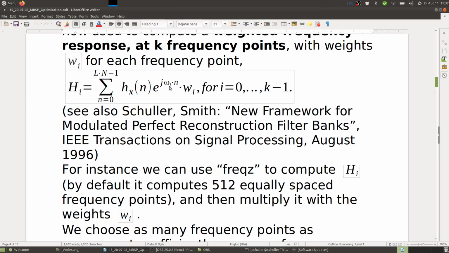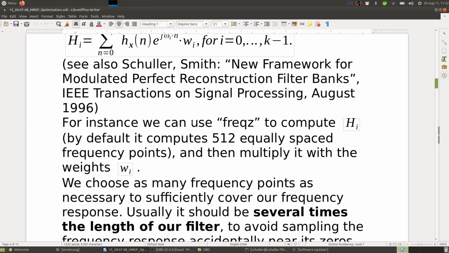But it's actually implemented using the DFT using Freqz, right? So we use Freqz to compute this HI. By default it computes 512 equally spaced frequency points and then multiplied with the weights, right? So for each frequency component we multiplied with this weight.